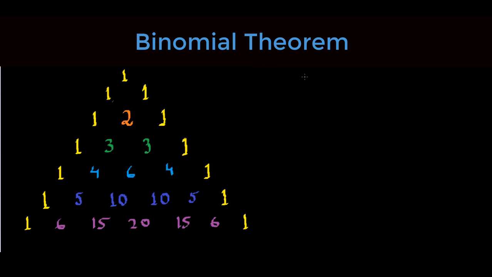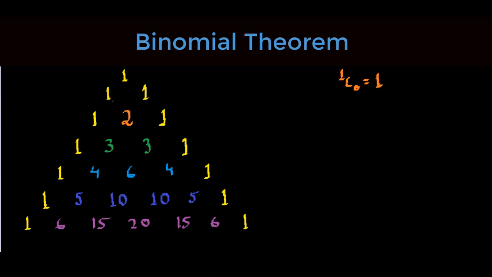Now, if you remember how to calculate combinations, then 1 can be written as nC0, or you can say 1C0. So I'll write here 1C0, because if you calculate 1C0, then you get 1.